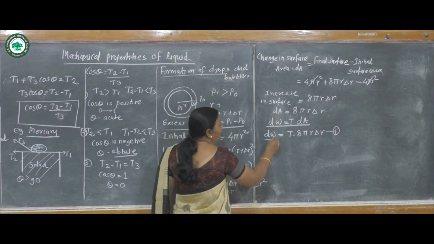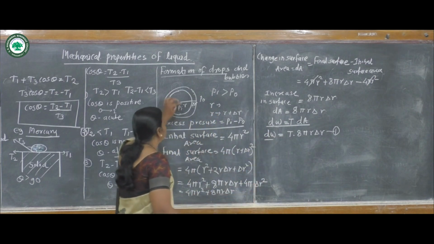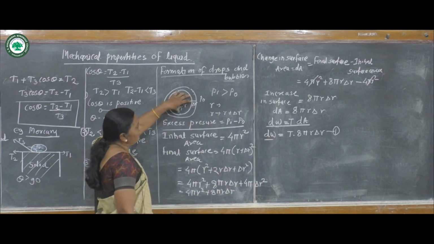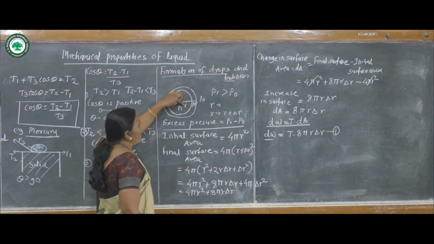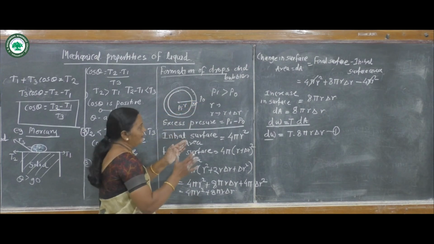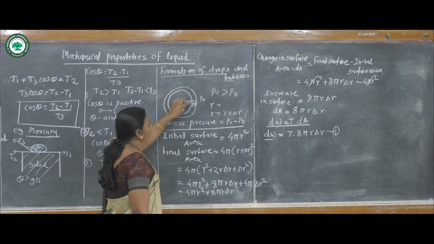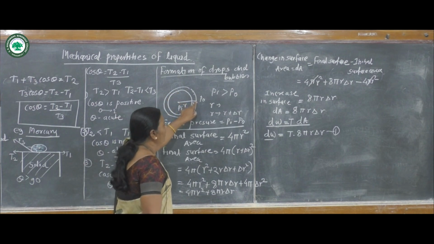Now we can find the work done by another relation also. See here, the original surface area of this drop has, suppose, radius r. There is an increase in pressure here. The pressure is greater than the outside pressure, and the size of the drop can increase, and there is a work done.